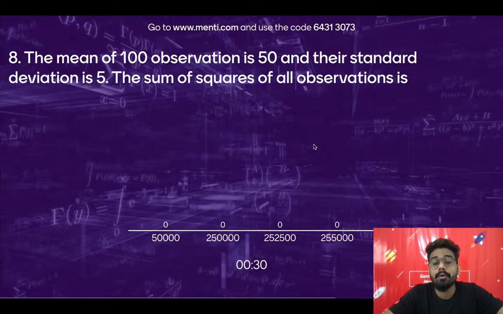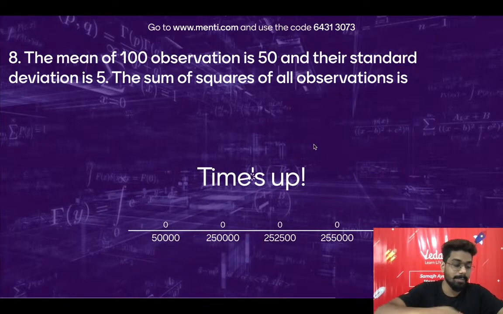Mean is sum of all the numbers divided by total number. Total number is 100 observations, and mean is 50. Their standard deviation, that is sigma, is equal to 5. What is sigma? Root of the variance. What is variance? Variance is the summation of x square by n minus mean square. So the standard deviation is the root of summation x square by n minus mean square.